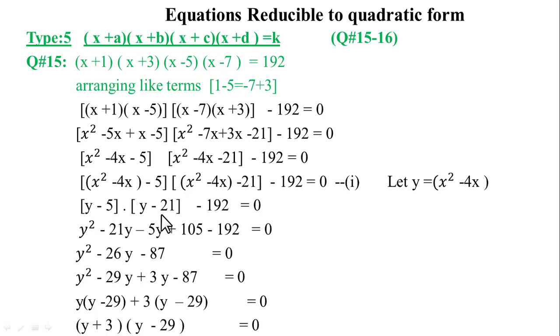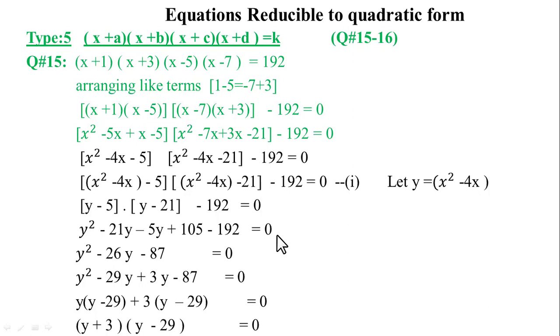Multiplying the equation and opening the brackets, y square minus 21y minus 5y plus 5 multiplied by 21 is 105, minus 192 is equal to 0.